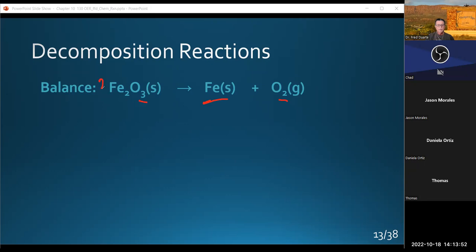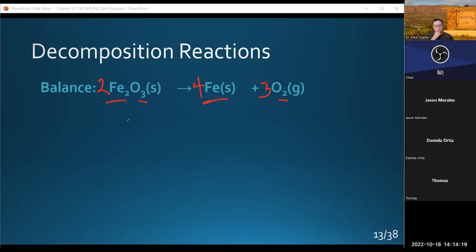So if we put a 2 in front of iron(III) oxide, that kicks up our oxygen to 6. So that means we put a 3 in front of O2. Our oxygens are good, but in doing so, now we have 4 irons, so no problem. That's why we leave this element all by himself. We simply put a 4 there, and sure enough, it looks like we are balanced.